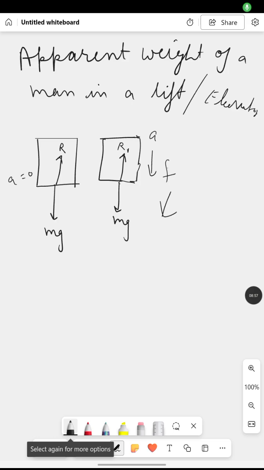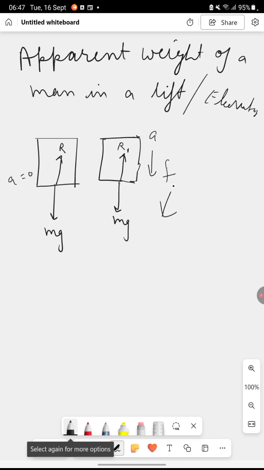So this is the case when the elevator is at rest, and this is the case when the elevator is moving in the downward direction, meaning the lift is accelerating in the downward direction. When the elevator is moving downward, it means the resultant force of R1 and mg is acting in the downward direction.